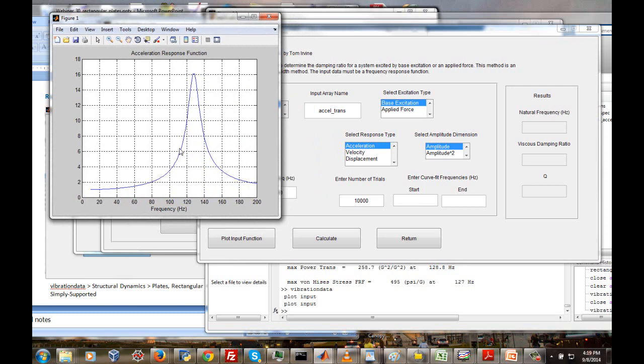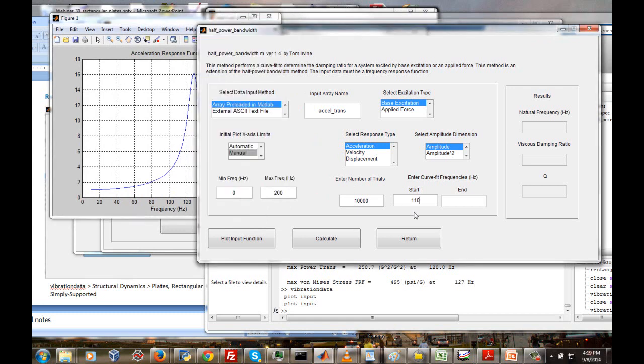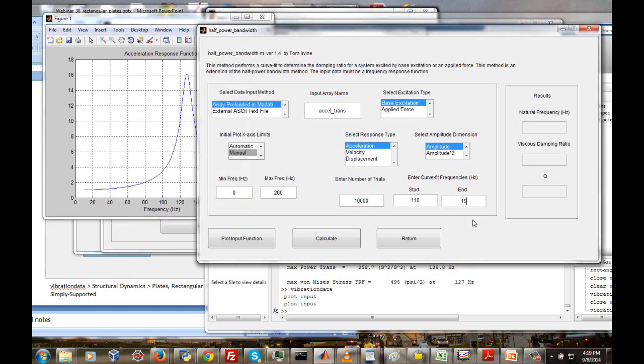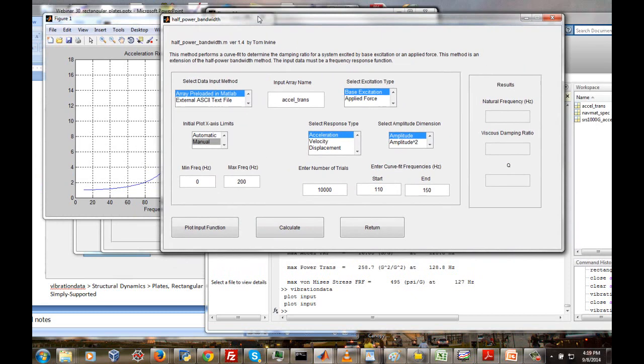So let's say maybe from 110 hertz will be our lower frequency for our curve fit, up to about 150 hertz. So we're going to do 10,000 trials from 110 to 150 hertz. Let's do the curve fit, and let's back out what our Q value is.